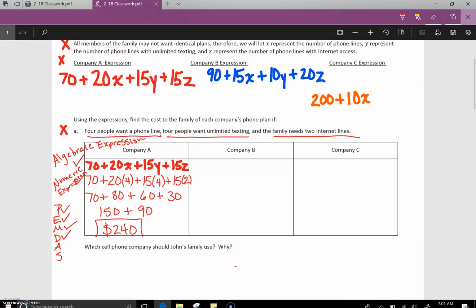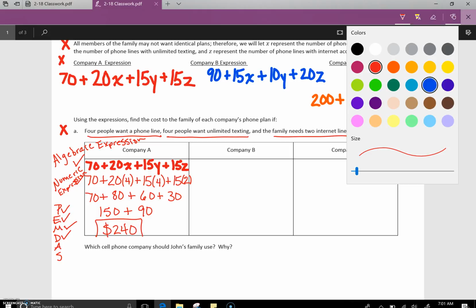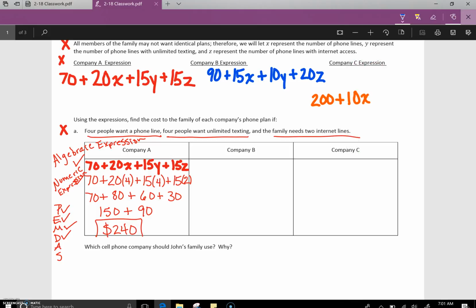Let's go ahead and try B. So we'll write down our original expression for company B. That was $90 to start, plus 15 per phone line, plus 10 for texting, and 20 for internet.